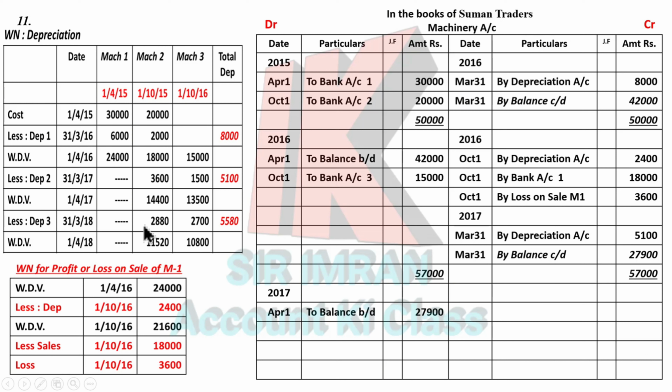In the third year nothing has happened, no purchase, no sales. Directly we have to calculate depreciation and write depreciation 5,580. That means total depreciation. And depreciation always appears on the credit side, and the date of depreciation is 31st March 18.